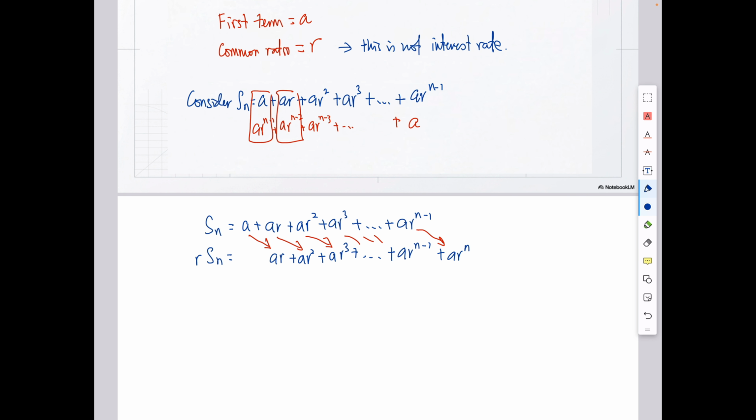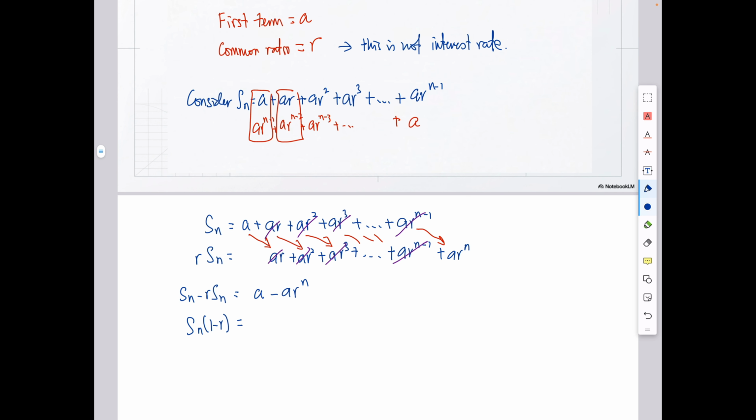So Sn minus rSn, all the terms in between get cancelled, leaving us with the first minus the last. And I can do a factorization, followed by a division. So it can either look like that or it can look like that, depending on whether you like the minus 1 to be at the back or the front. Up to you. So this is the summation.